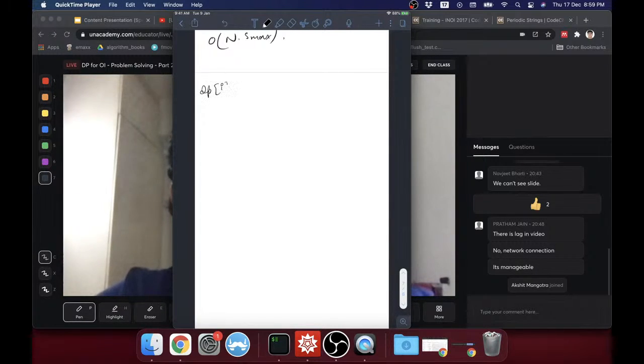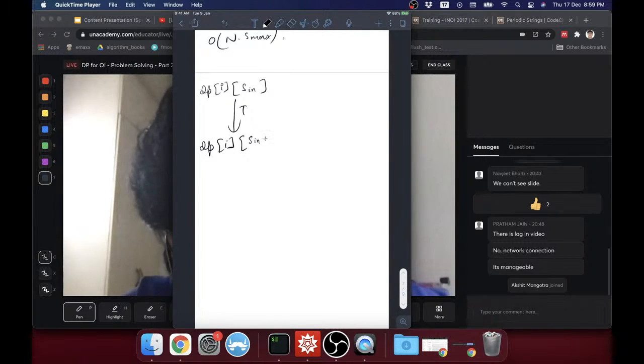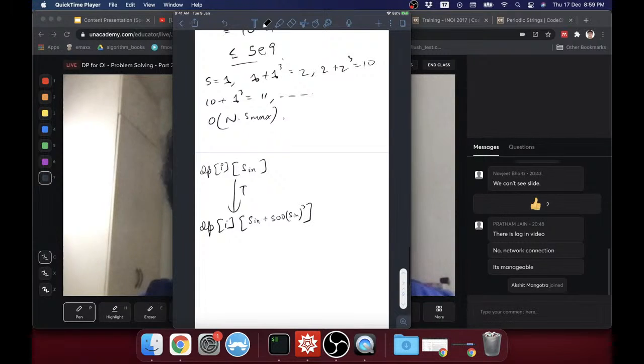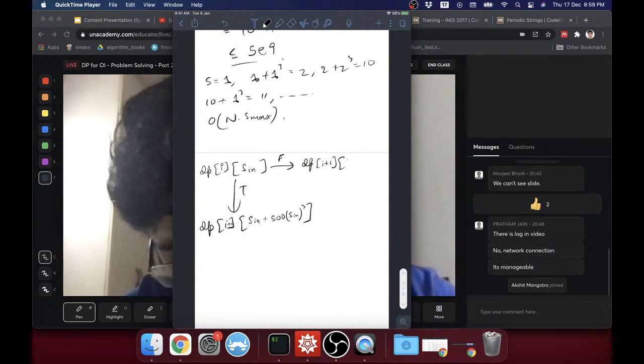If you're at DP i and your strength is currently, let's say, S initial, and you train, then your DP i and your strength becomes S initial plus something, which is what? Sum of digits of S initial cubed. And if you had fought, you would have remained at the same DP, sorry, next city, but same strength.